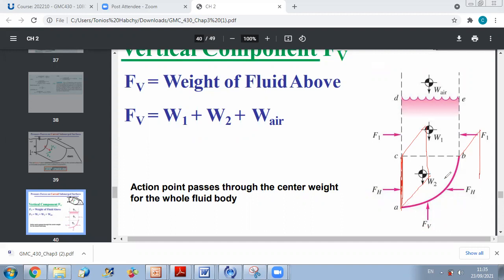Let us plot it like this. You have here a curved area. This curved area, if you project it on the vertical plane, it will give you what? Imagine this. I will try to draw it in a good way so you can see it clearly. Here you have a curved surface. This is your curved surface.